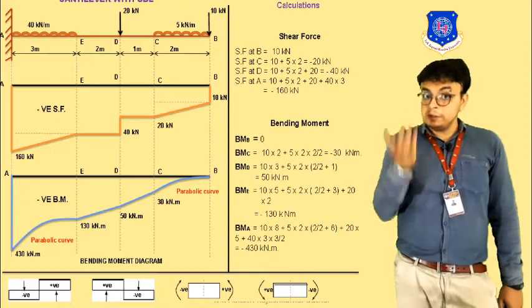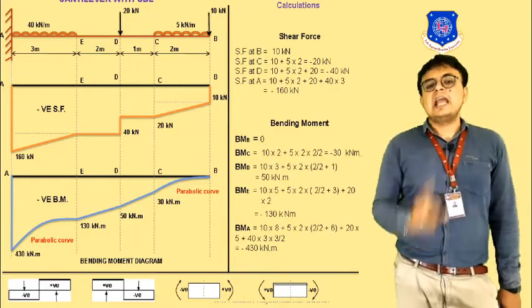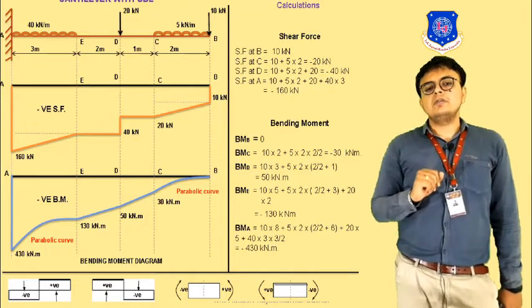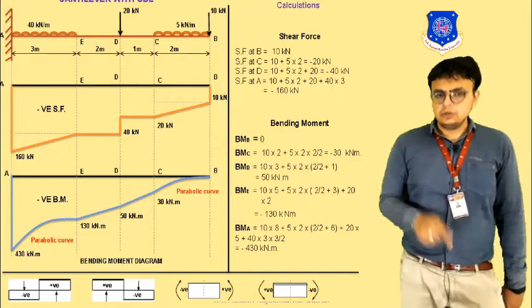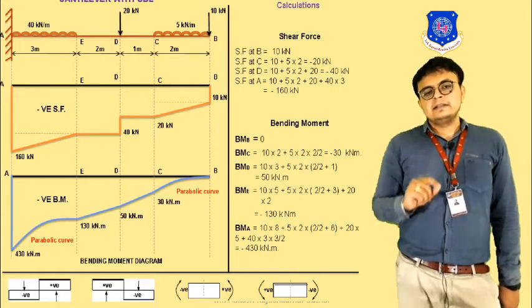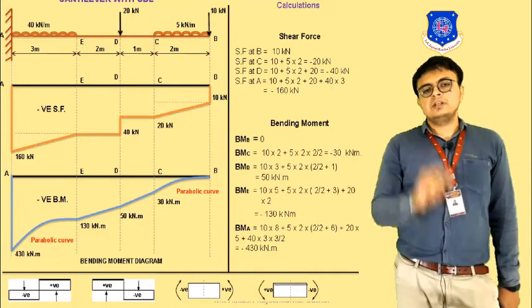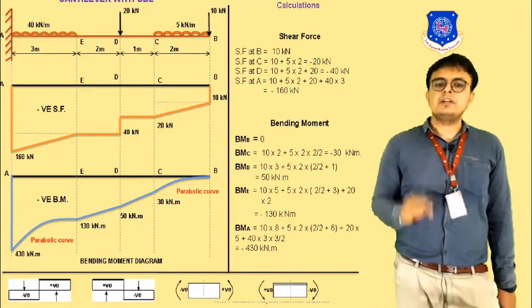But moving to just right of point D, we have the point load of 20 kilonewton, and that is also in the downward direction. So basically what we will do is add the 20 kilonewton to the shear force at C. At point C, we got minus 20 kilonewton.